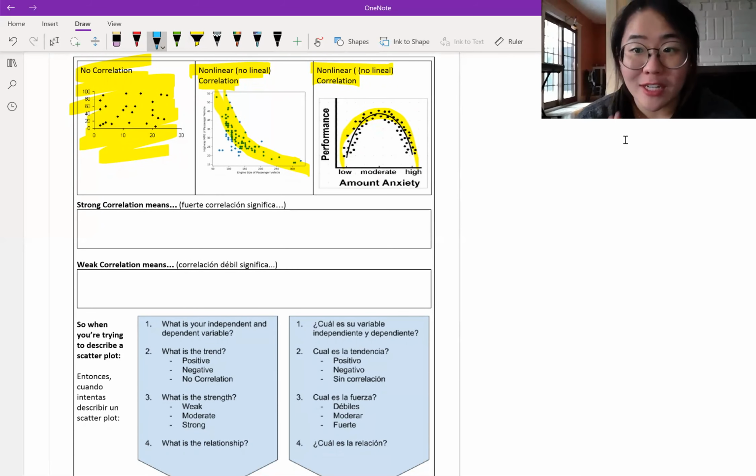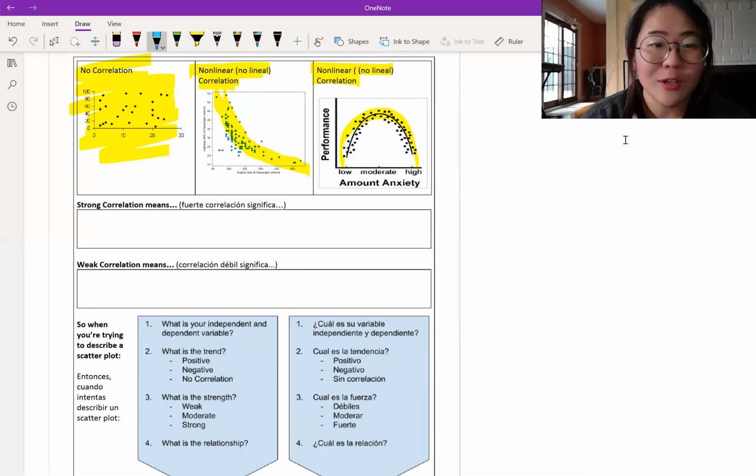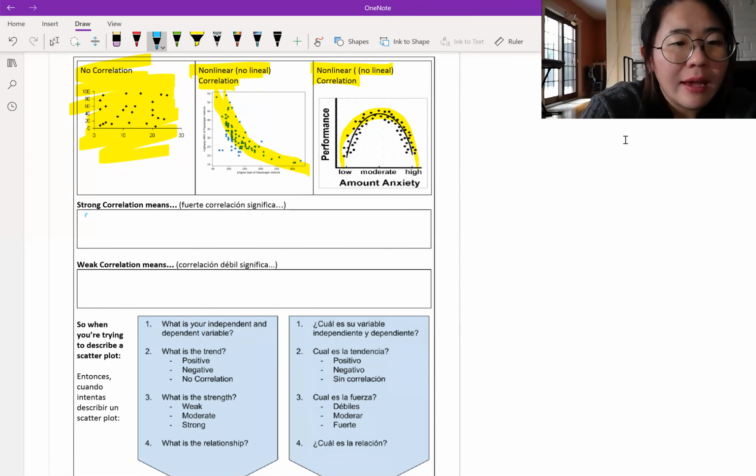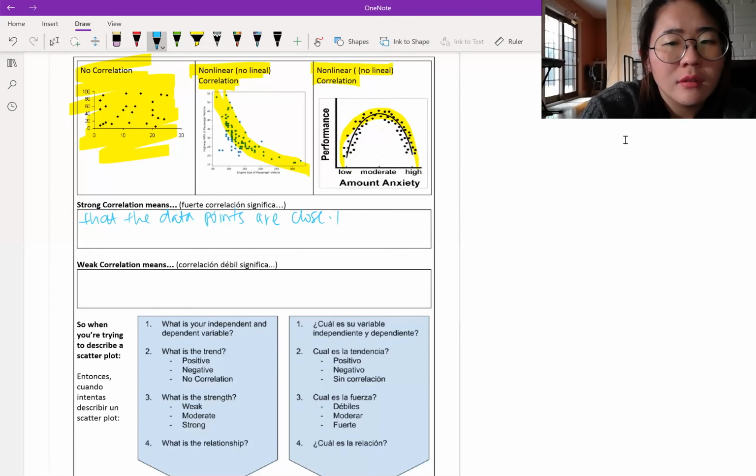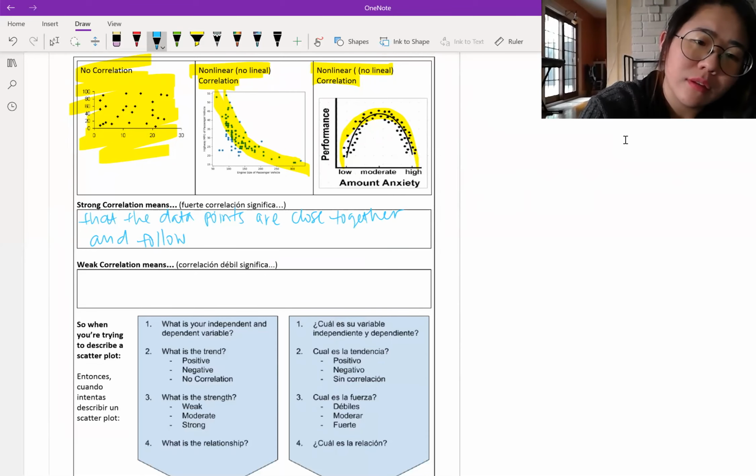I'm going to give you the definition for strong and weak correlation, and then we're going to go through a problem together. So strong correlation means that the data points are close together and follow a linear pattern.